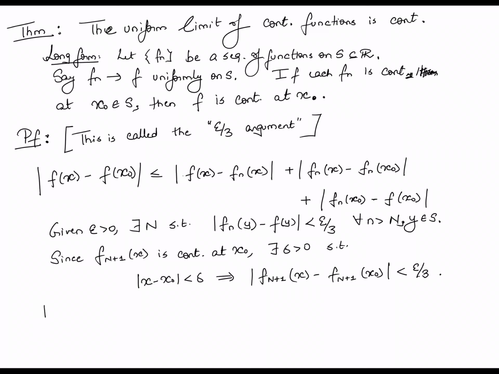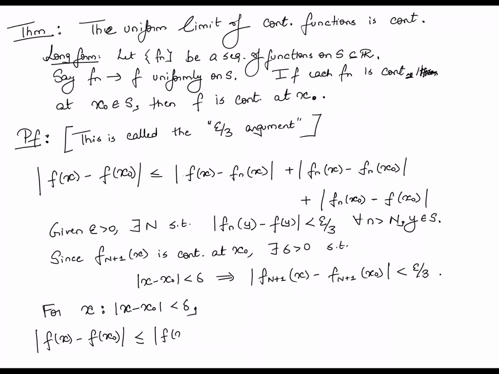So for x such that it is within a delta distance from x naught, if I now go back and evaluate the difference between f of x and f of x naught, let me just rewrite those 3 terms and then we'll see how each of those 3 terms is less than epsilon by 3.